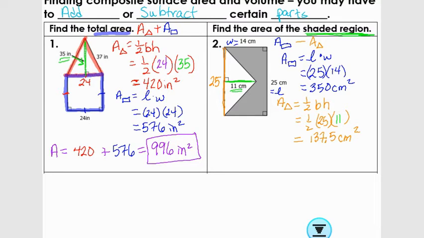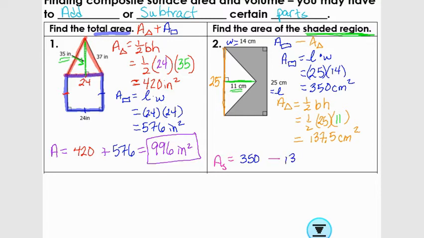So when I want the area of the shaded part, what was our big plan there? Our plan was to find area of the shaded, so I'm going to use a subscript of S for shaded, is going to be area of the rectangle minus area of the triangle. So area of the rectangle was 350. Area of the triangle was 137.5.